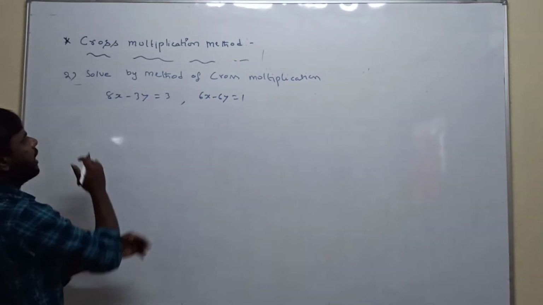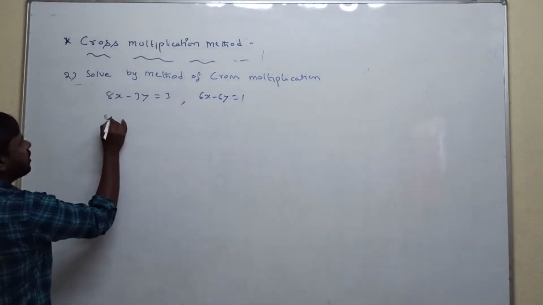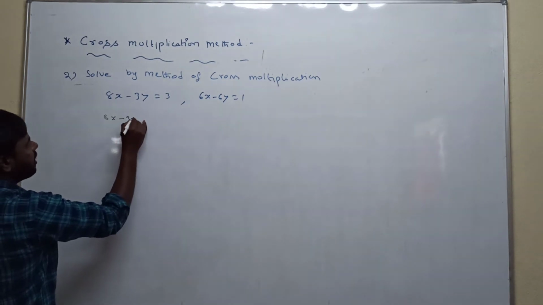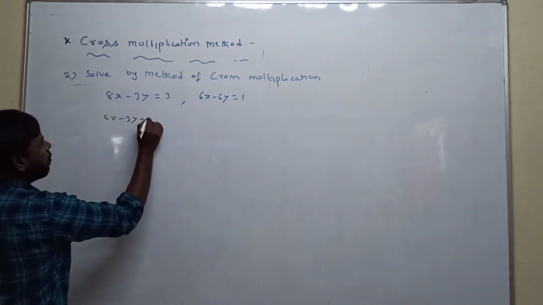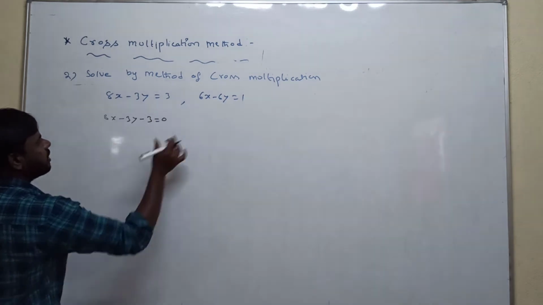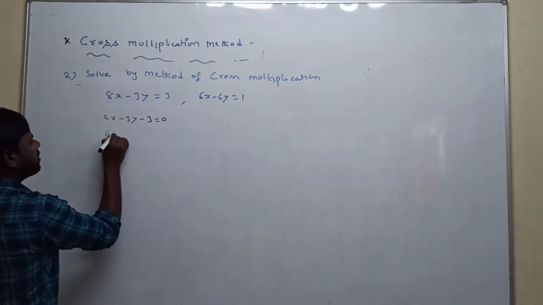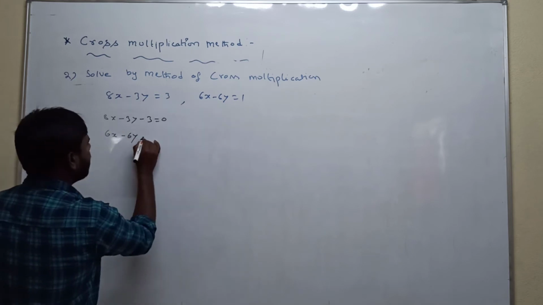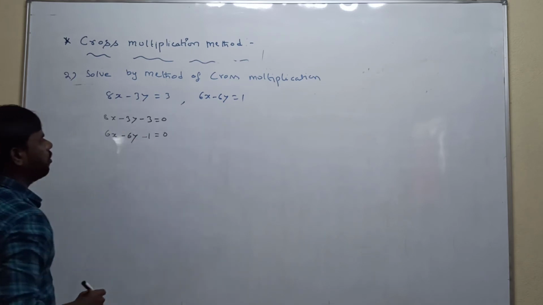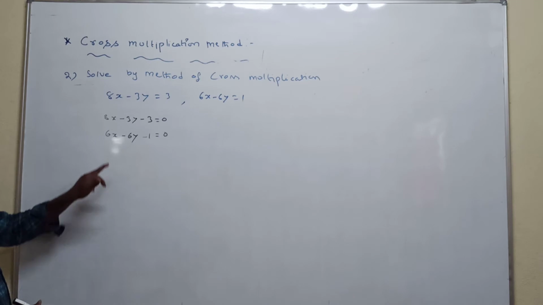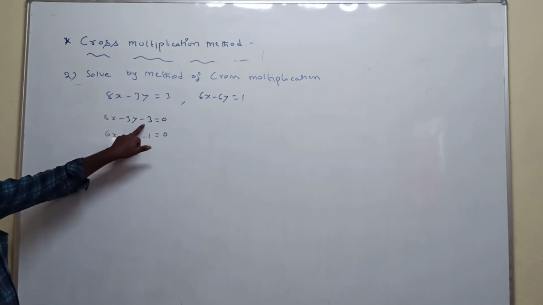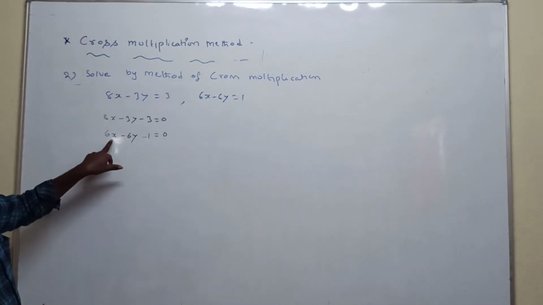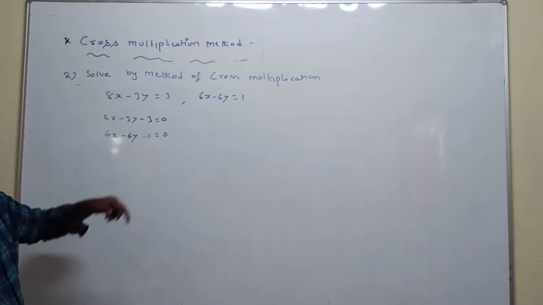First equation: 8x minus 3y plus 3, take this side minus 3, is equal to 0. Second equation: rearrange 6x minus 6y plus 1, you can take this side minus 1, is equal to 0. Now we get the form a1x plus b1y plus c1 is equal to 0, a2x plus b2y plus c2 is equal to 0.